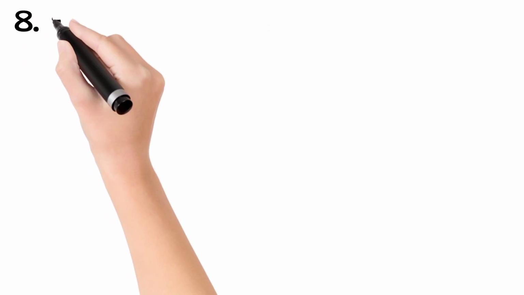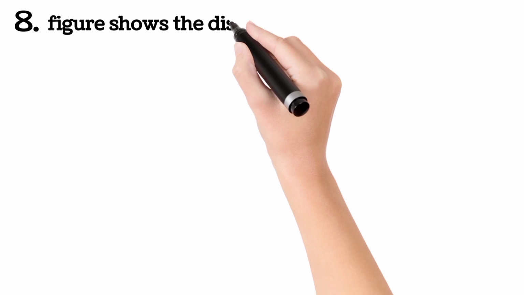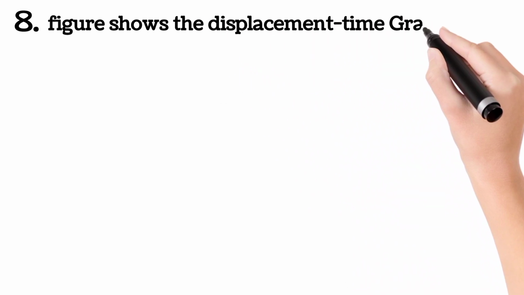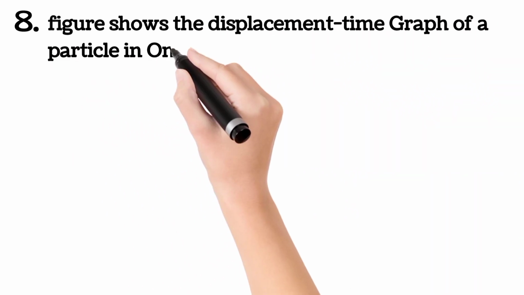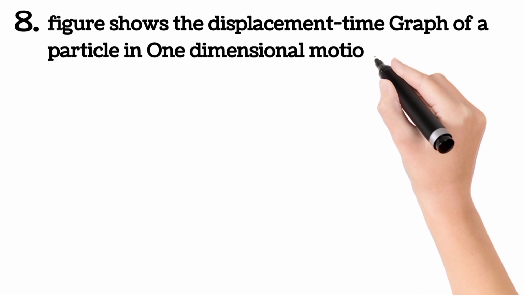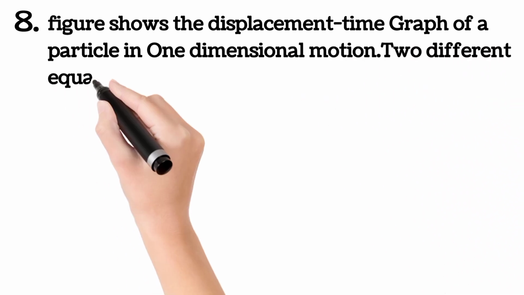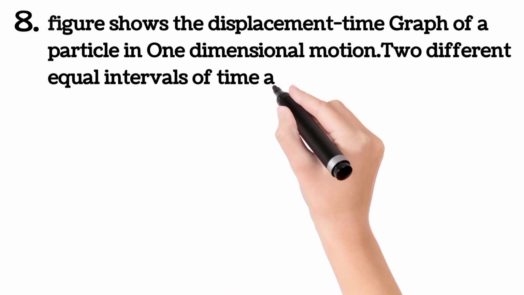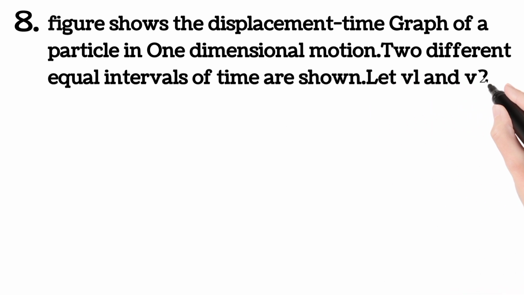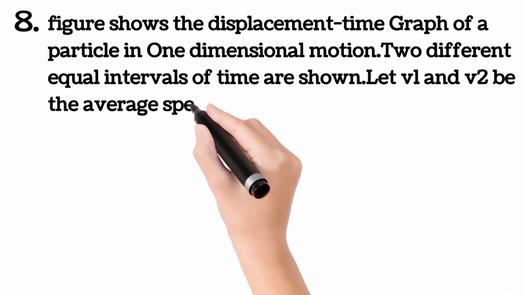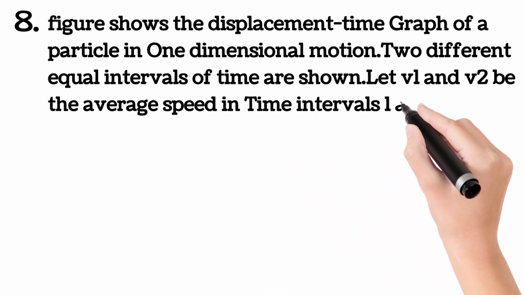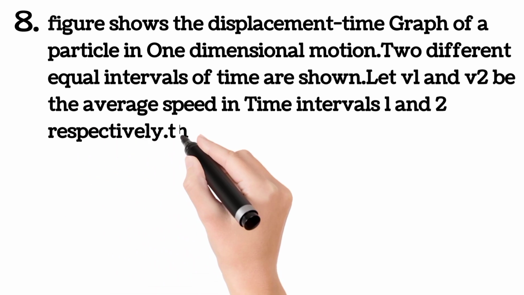The eighth MCQ is: the figure shows the displacement-time graph of a particle in one-dimensional motion. Two different equal intervals of time are shown. Let v1 and v2 be the average speed in time intervals 1 and 2 respectively.